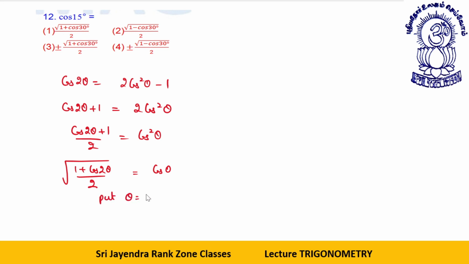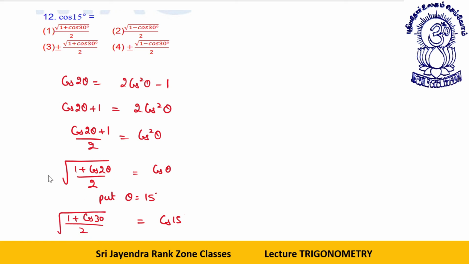Put theta is equal to 15 degree. The moment you put theta is equal to 15, you get cos 15 degree is equal to 1 plus cos 30 degree divided by 2.